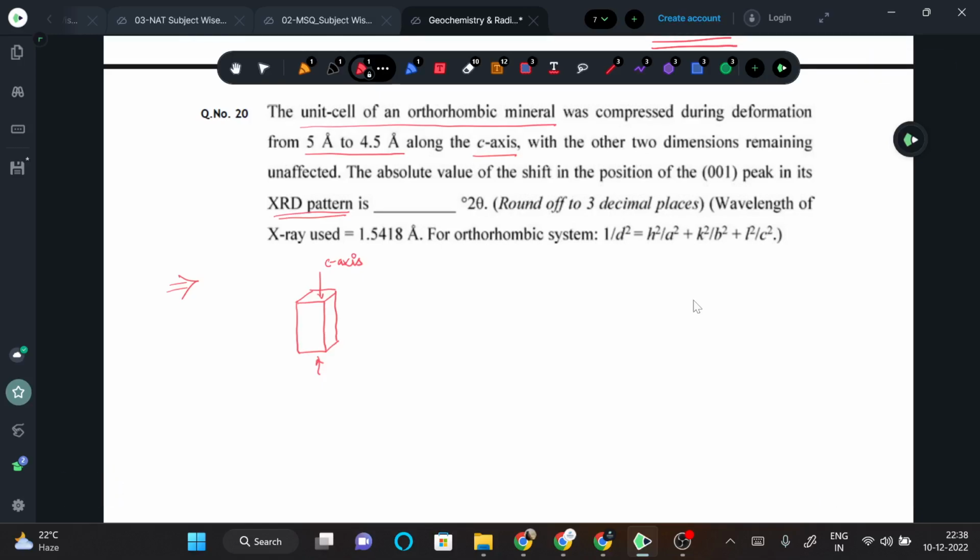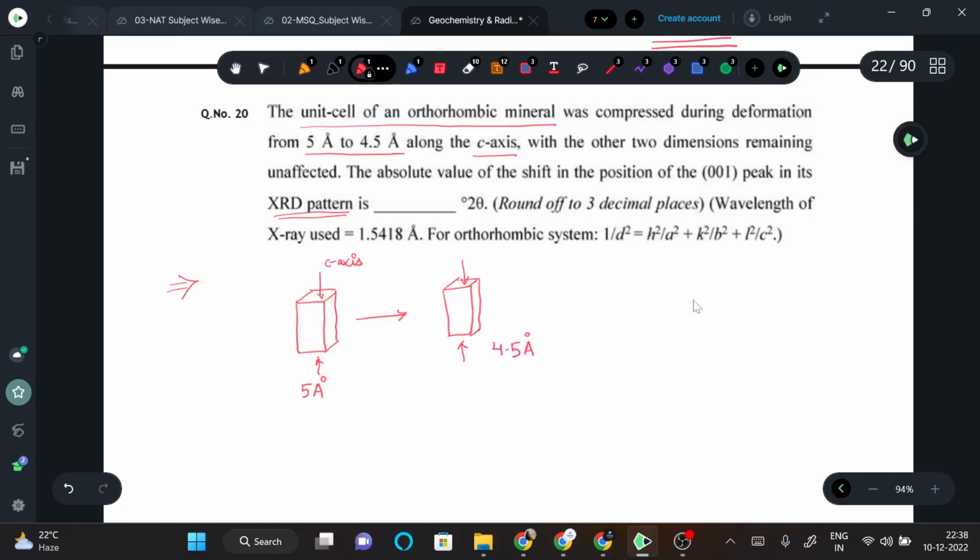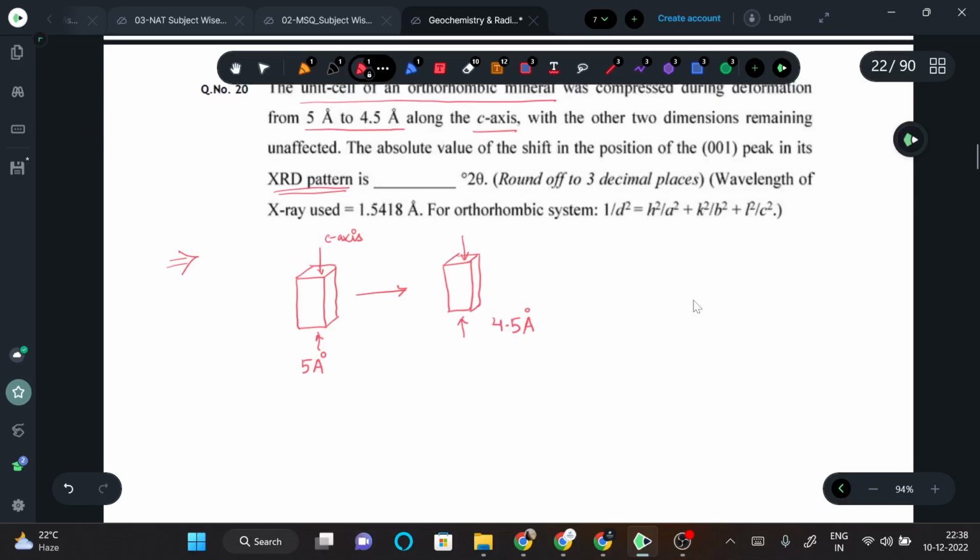Here it is 5 angstrom. It is going from 5 angstrom to, now this is the compressed one, along the C axis, 4.5 angstrom. So you have 5 angstrom and 4.5 angstrom.